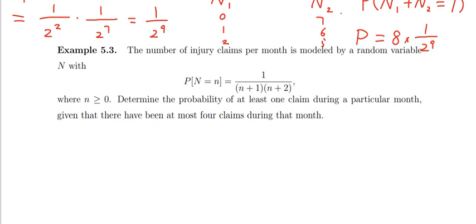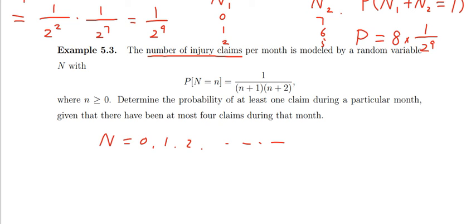Okay, so for this problem, it's the same thing. The number of claims has infinite cases: N can be 0, can be 1, can be 2, can be infinity. So we have this probability that N equals n is this.